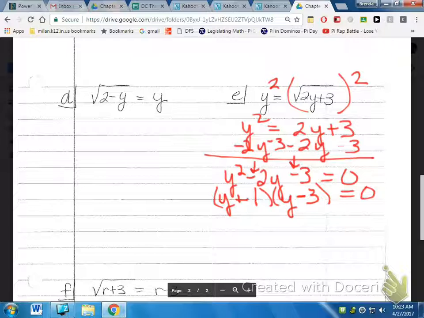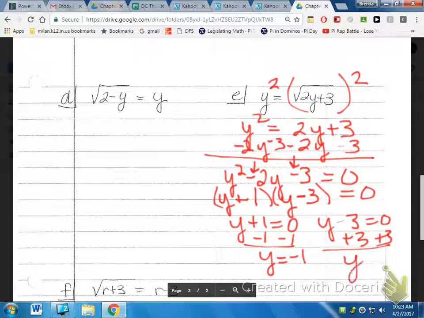So y plus 1, y minus 3 equals 0. You set each one of those equal to 0 and you solve them both. So y is either equal to -1 or y is equal to 3.